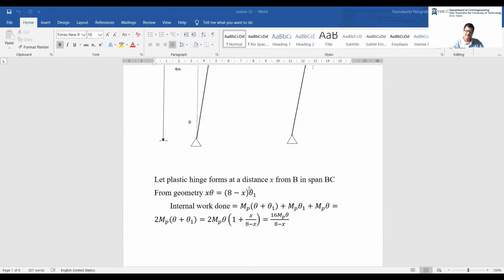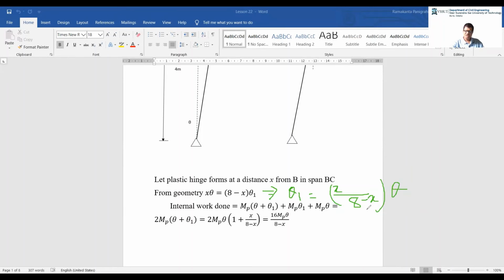In place of theta 1, put the value in terms of theta, that is x by 8 minus x into theta. So this implies theta 1 in terms of theta is x by 8 minus x. Right.